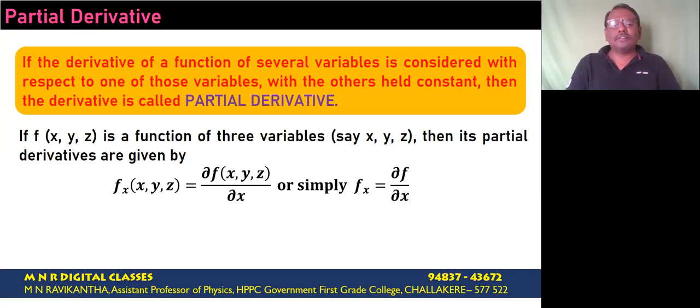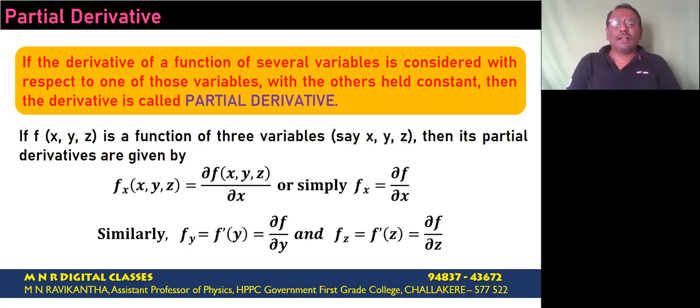Then its partial derivative is given by ∂f(x, y, z)/∂x, or simply we write f_x = ∂f/∂x. It means f_x, f with suffix x, represents the partial derivative of the function f with respect to the variable x, while y and z are kept constant.